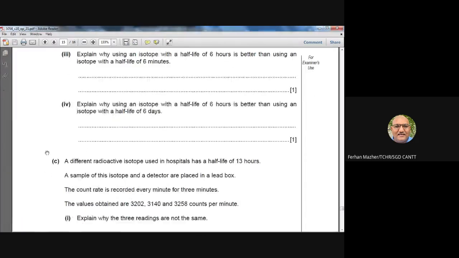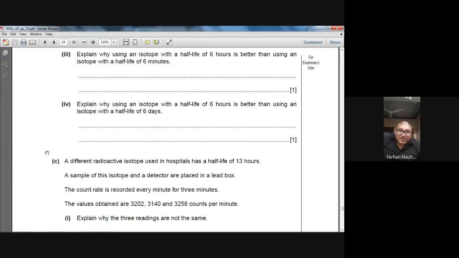Then the question is, explain why using an isotope with a half-life of 6 hours is better than using an isotope with a half-life of 6 days. You see, we can use a radioactive source whose half-life is 6 days, but we don't use that. We use the isotope whose half-life is six hours. Why? Because if you use an isotope with a 6 days half-life, then it will remain in the body of the patient for a very, very long time.